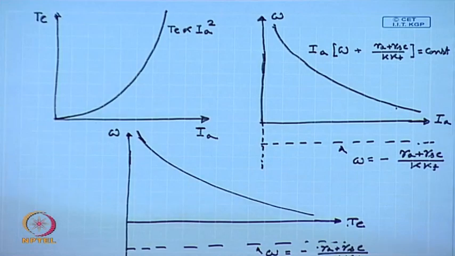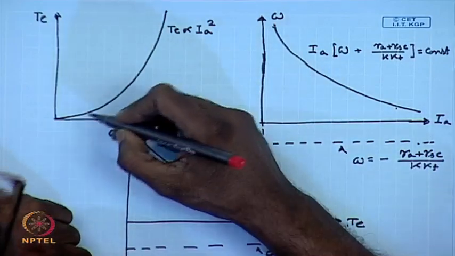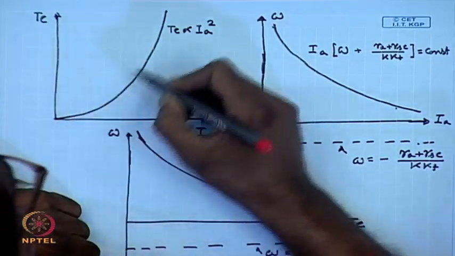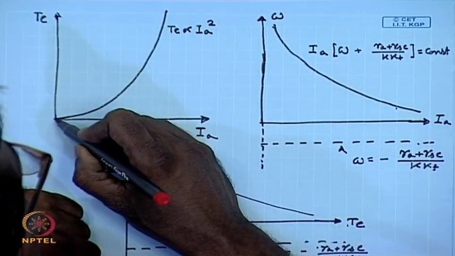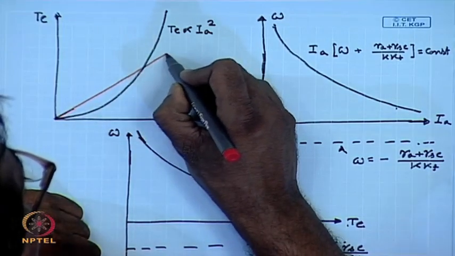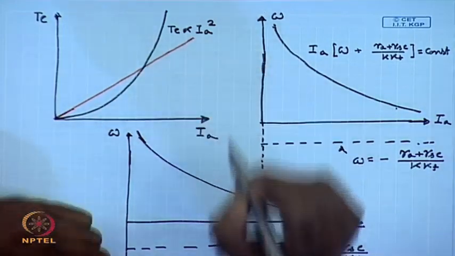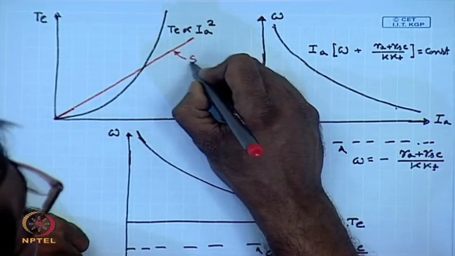For a comparison, let us also draw the corresponding characteristics for the shunt motor. For a shunt motor, torque is proportional to I_a. So, up to some point, this is the shunt motor.